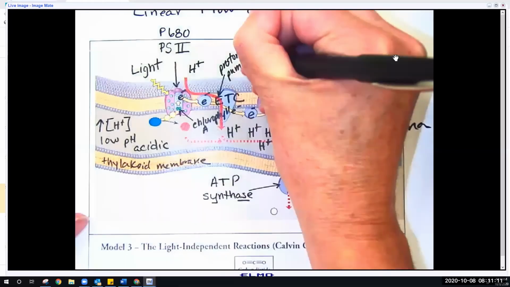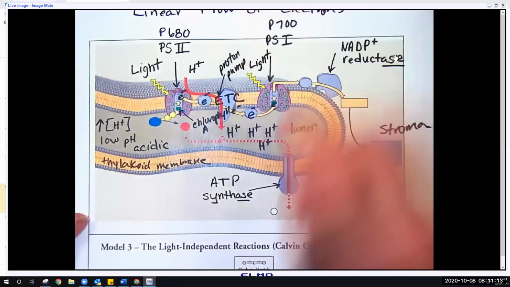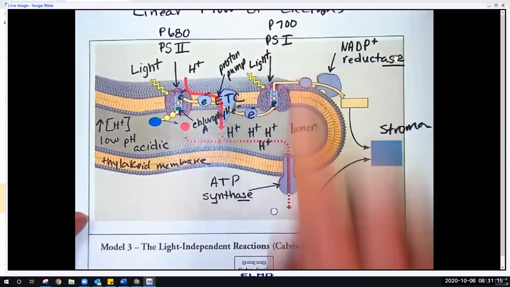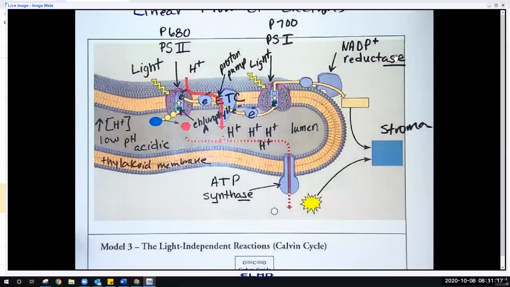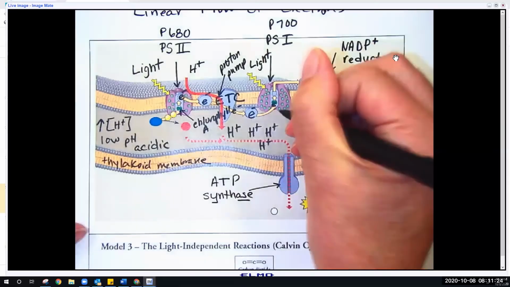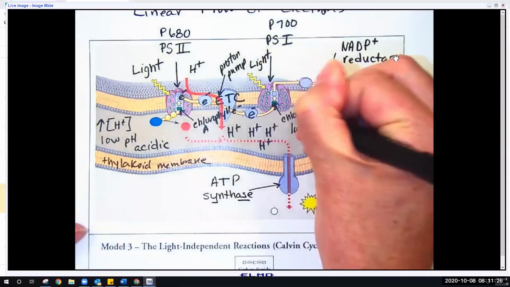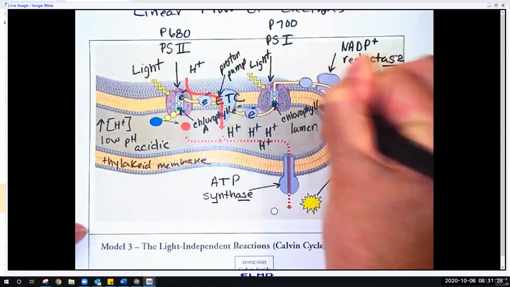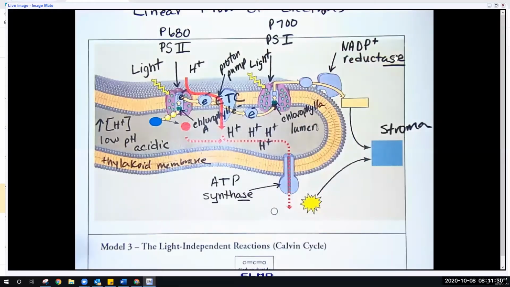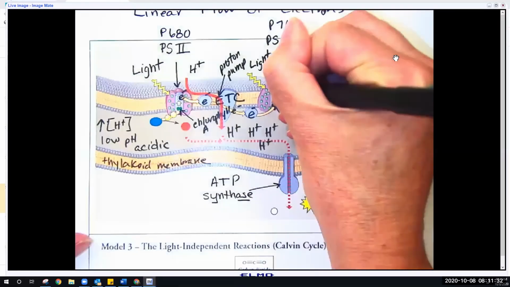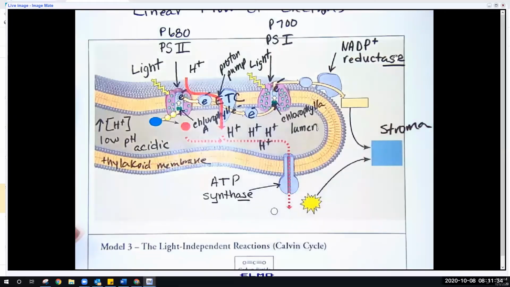Light will hit photosystem 1. All those pigment molecules will absorb that light. They will transfer that energy to the chlorophyll A molecule of photosystem 1, excite that electron, so it will leave that photosystem.